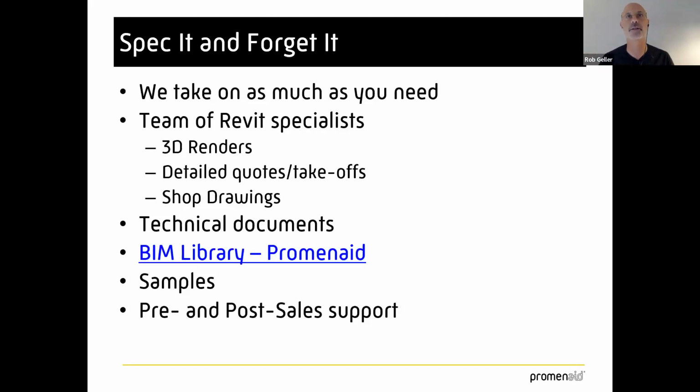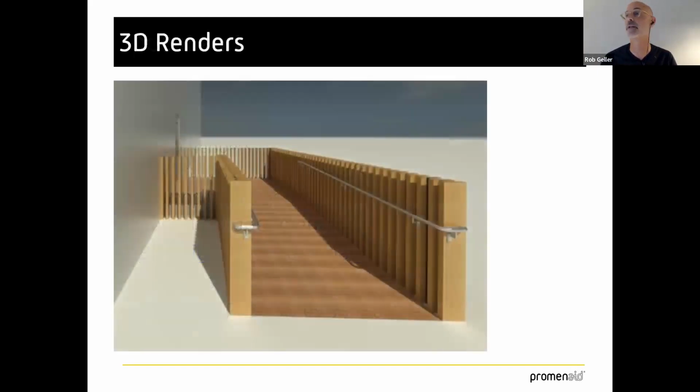We know that space is at a premium, so we can provide you samples, and if you want, send them back. Not everybody wants to keep them around, but we're here from start to not just finish, but ad infinitum after. We haven't got many calls too long after any installation's done, so that's an indication that the system has been really, really durable.